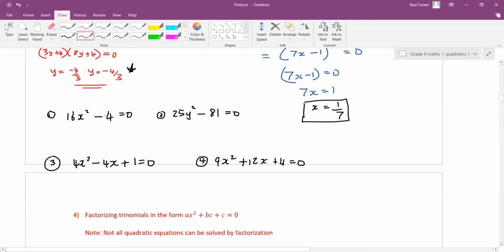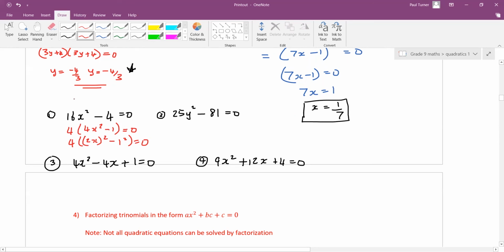You've got 16 and 4. Well, 4 is a common factor, isn't it? So this would be 4 times (4x squared minus 1) equals 0. And then we use the rule here. So you'll have 2x squared minus 1 squared. So you're going to get 2x minus 1, 2x plus 1.